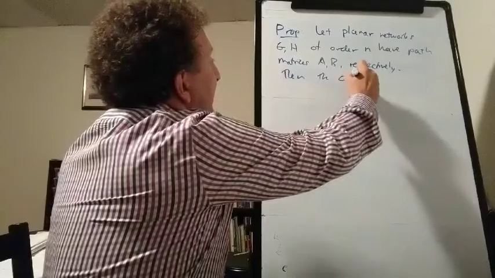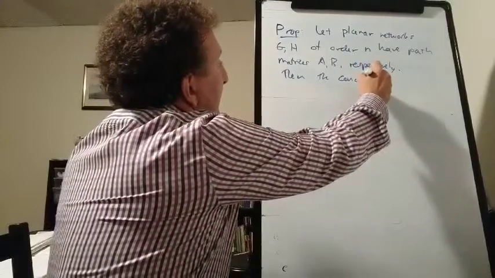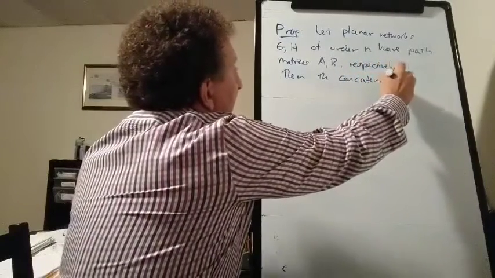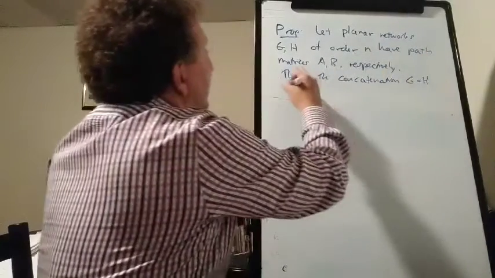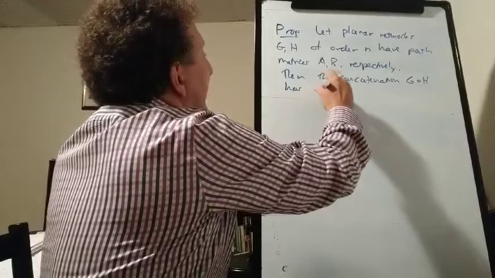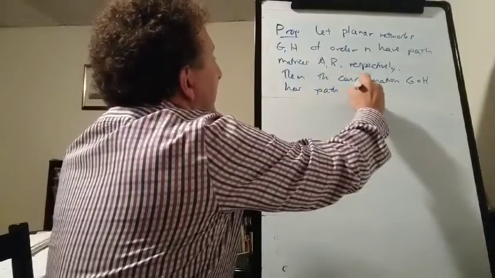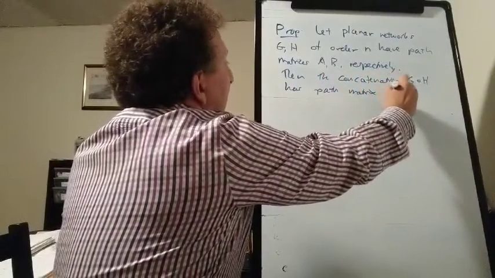Then the concatenation G glued to H has path matrix AB.